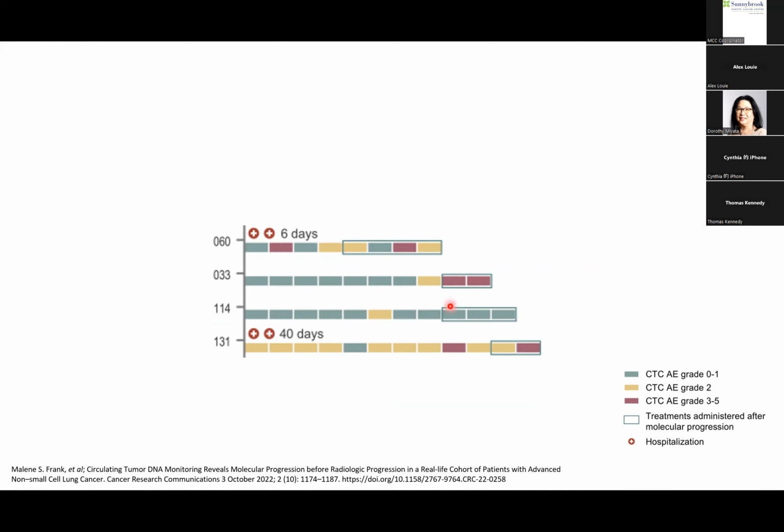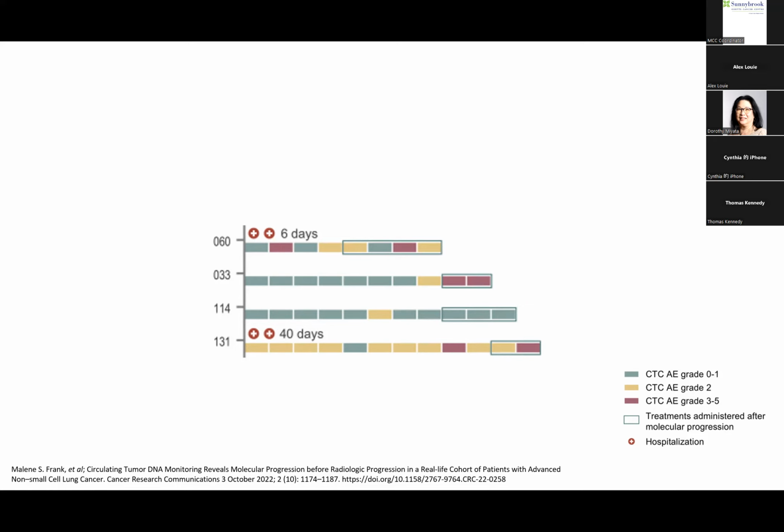And some of these have significant adverse events associated with those cycles. So in the cohort entirety, approximately 30% of systemic therapy cycles were given after molecular progression. And they estimated that approximately 75% of patients likely received futile treatment with potential for toxicity from that treatment.